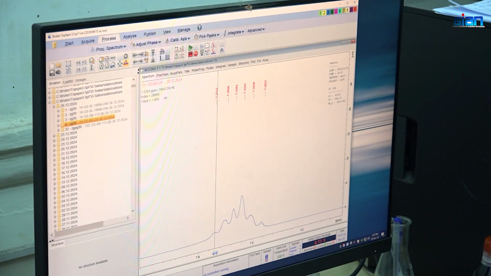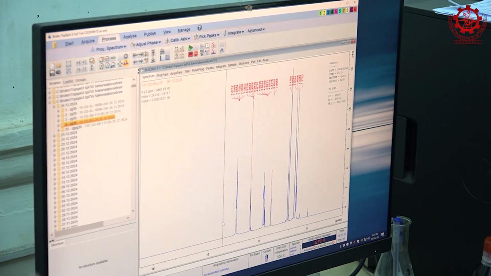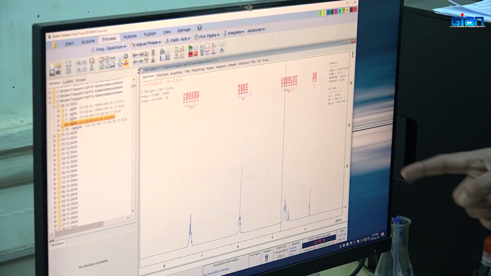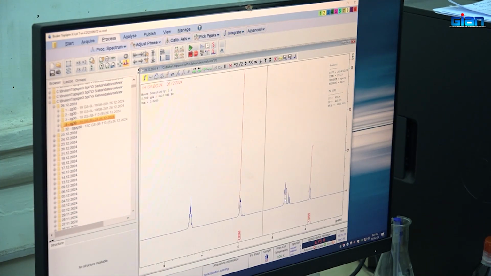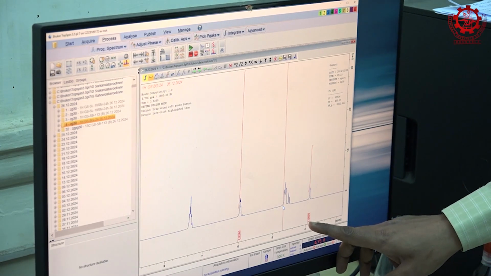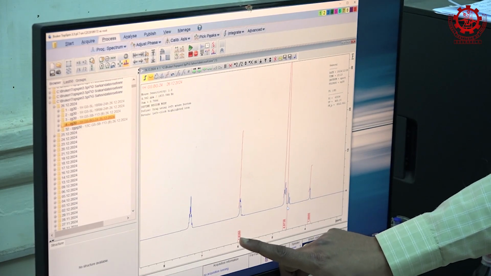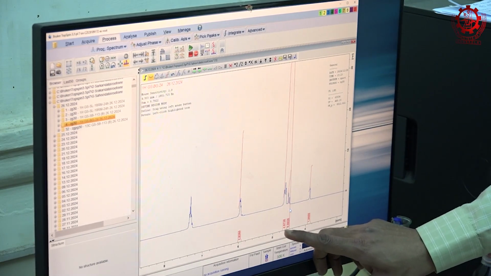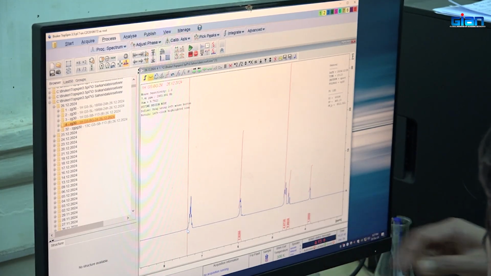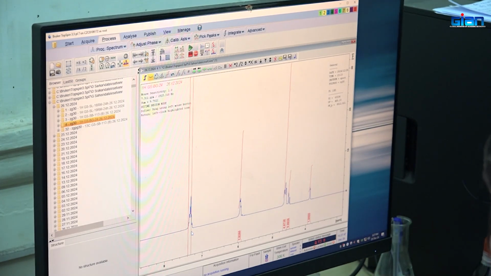Okay. Then you can do integration. I told you we can quantify the peaks, and now you will do that. You can integrate all these, we will see. So you see this is 1, this is 1, this is coming 2.8, this is coming 4.9, this is coming 0.89, you saw different values.